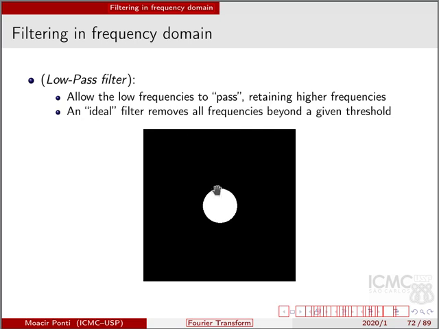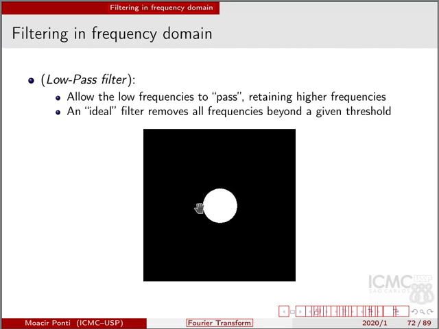So it will retain the low frequencies while discarding the higher ones. Remember, here I'm considering the FFT-shifted version of the Fourier domain. So in the central part I have low frequencies, and far from the center, higher frequencies.